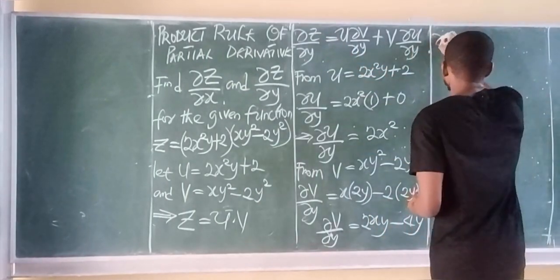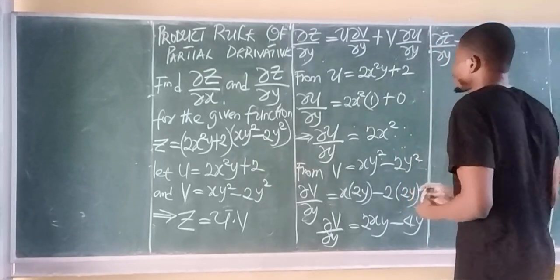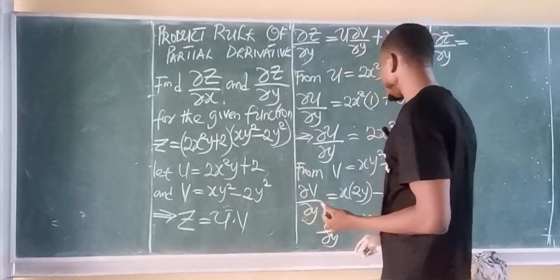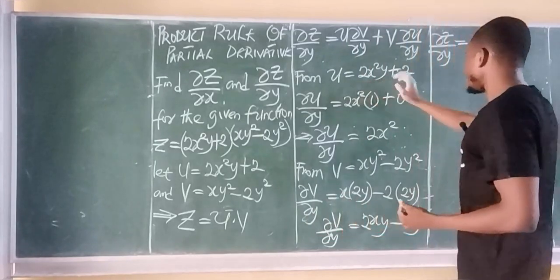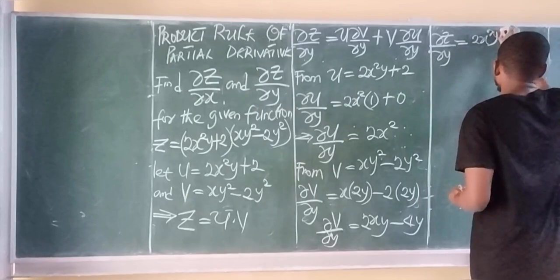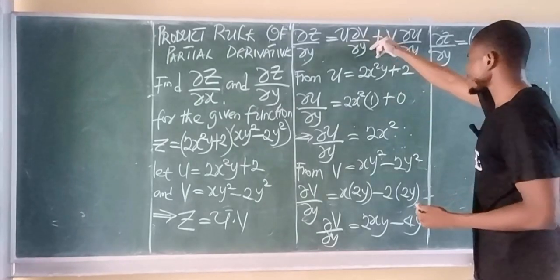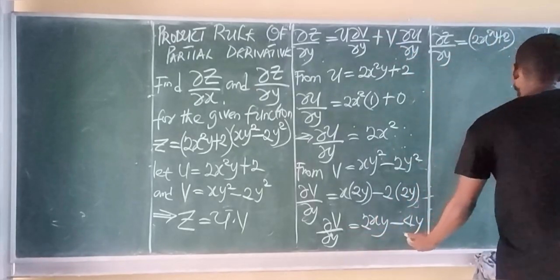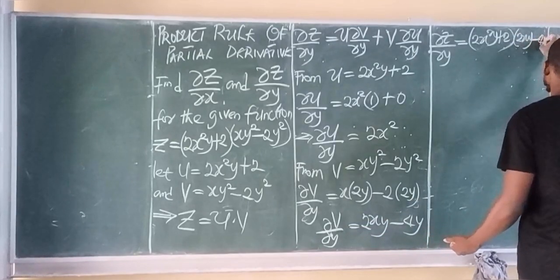So partial z, partial y is now equal to, first thing, we said keep u constant, and u is simply 2x squared y plus 2. So we have 2x squared y plus 2, keep u constant, differentiate v partially with respect to y, and partial v partial y gives us 2xy minus 4y. So simply multiply by 2xy minus 4y.